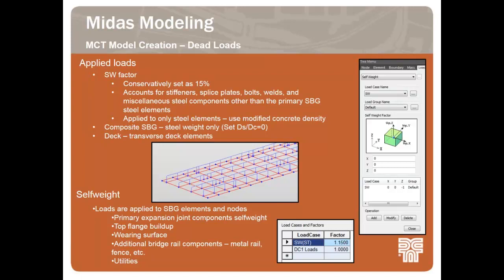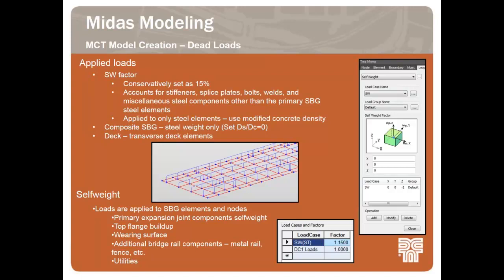A self-weight factor was used on the steel section and was set conservatively to 15% to account for stiffeners, splice plates, bolts, welds, and other miscellaneous steel components that were not modeled in the Midas section. This 15% was only applied to steel elements. To achieve this, a modified concrete density was used in order to avoid having that 15% be applied to the concrete elements as well, such as the deck.